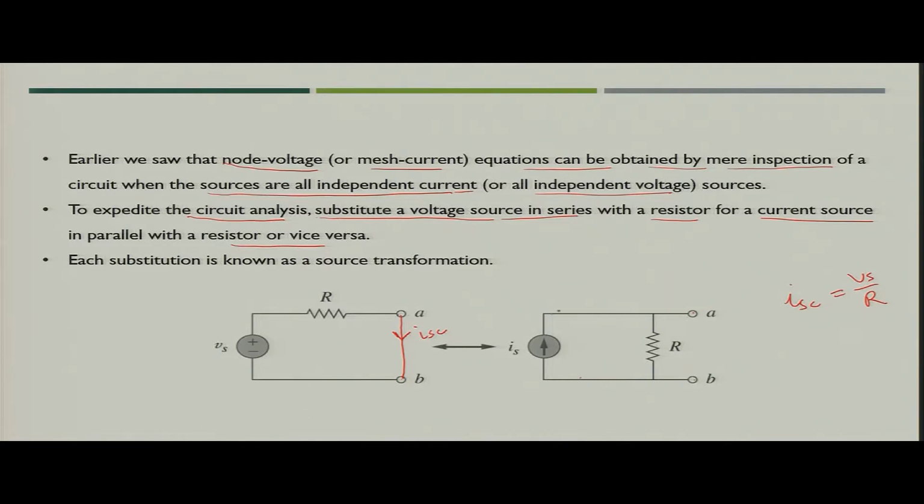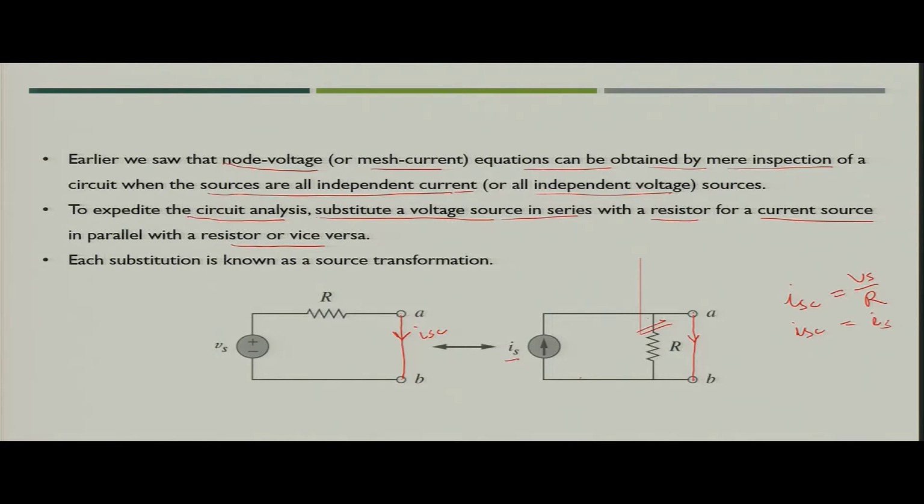Now, in this case, if you are short circuiting A and B, what will happen? This will be in that case neglected. So, the short circuit current flowing from A to B would be ISC is equal to Is. So, here we will represent with the same circuit like Is given in small form.